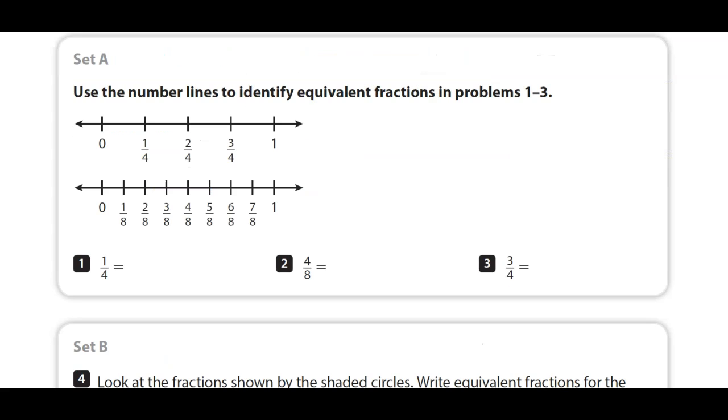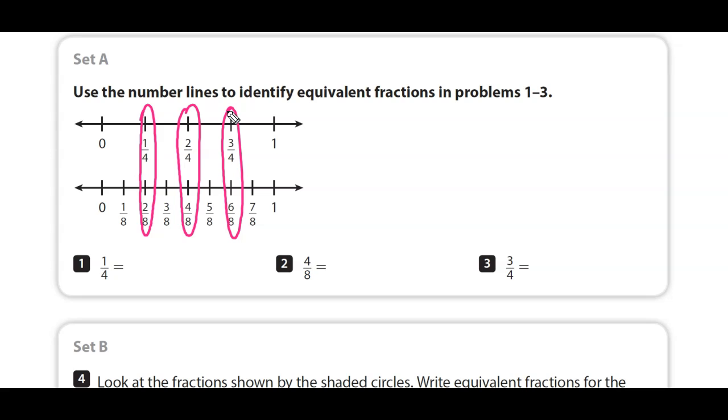It says use the number lines to identify equivalent fractions in problems 1 through 3. So what I'm going to do first is take 1/4 and circle the fraction right below it. Take 2/4 and go straight down. And then 3/4 go all the way down. So 1/4 is equal to how many eighths?